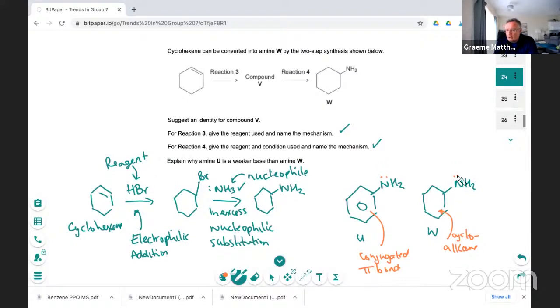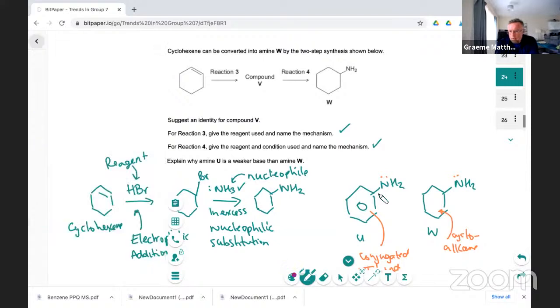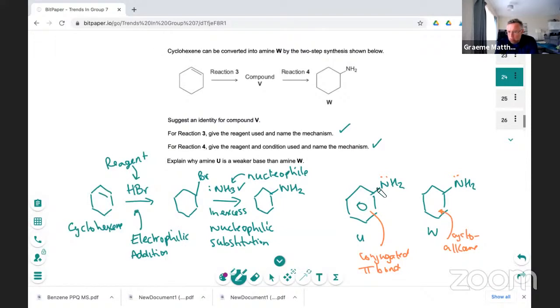Thinking aloud now, does this ring system have to do with the negative induction effect?